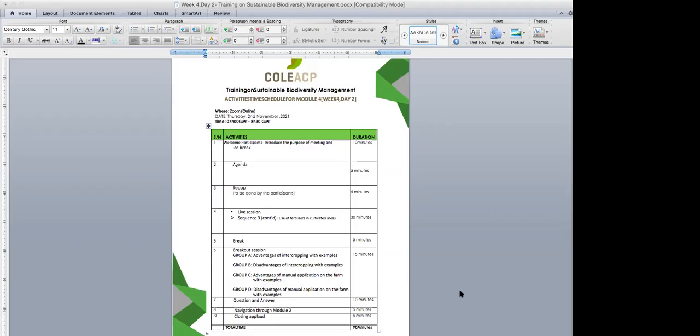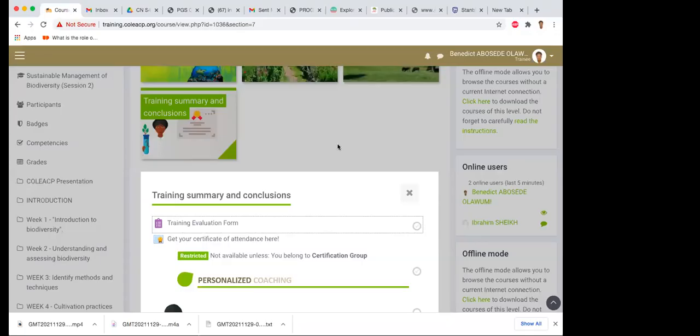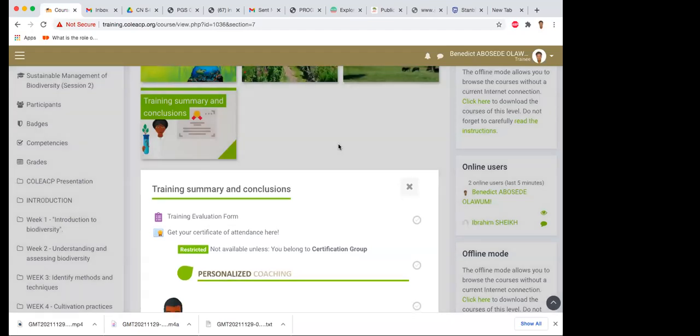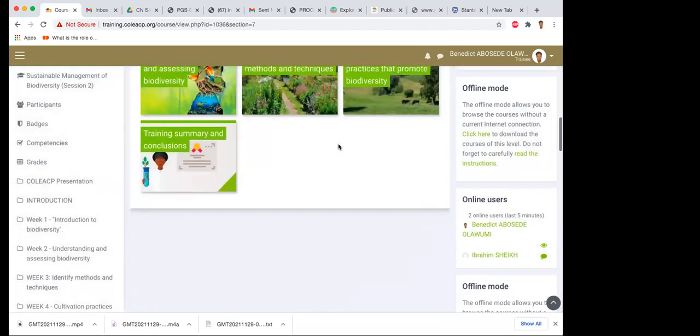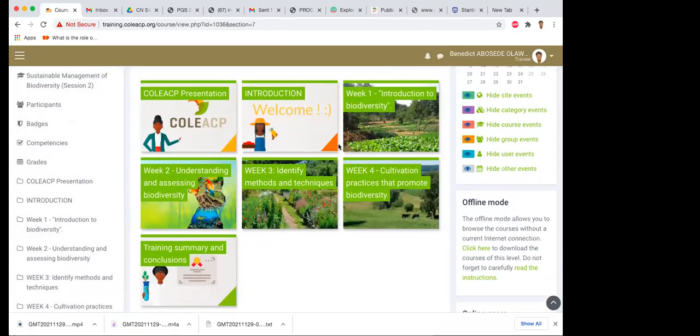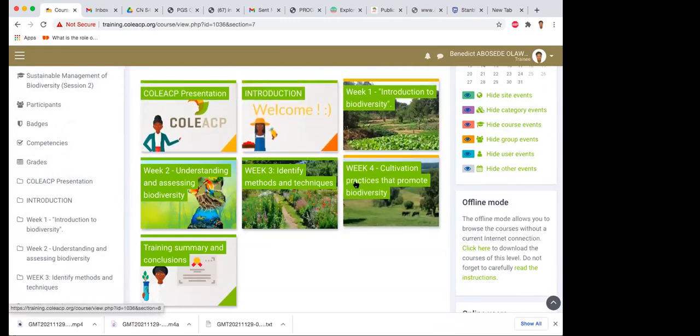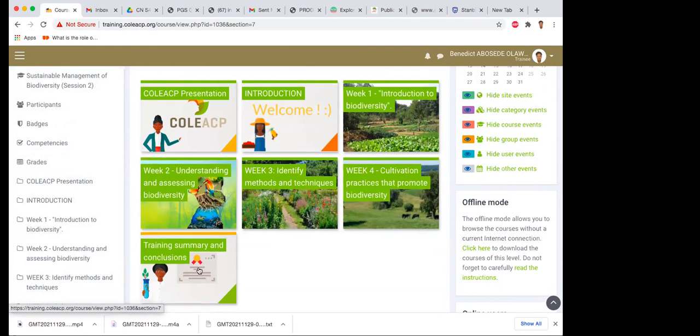Permit me to share my screen. I am currently on the e-learning page, and on the e-learning page, we can see all the different tiles. I'll first of all go through the training, summary, and conclusion tile, and what we are expected to do on this tile.